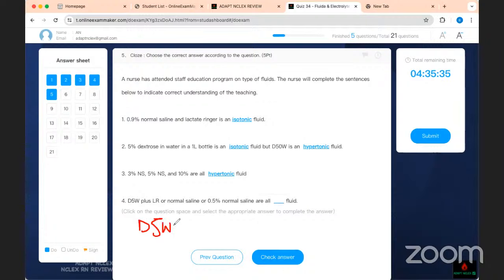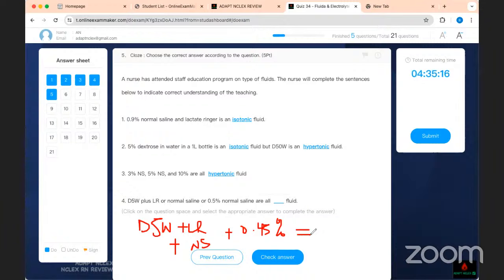D5W, if you add LR to it, or normal saline to it, or 0.5% or 4.5% to it, what kind of fluid is that? Think about it.